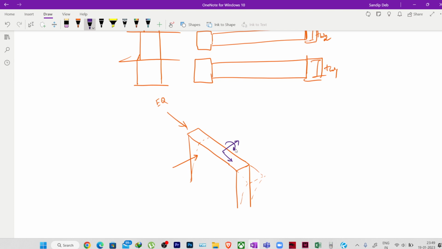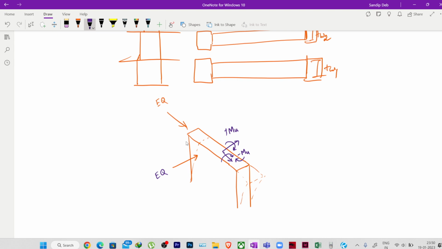So it will be plus Mu. And when we have forces from this direction, the moment will be like this, but as per the right hand thumb rule it should be opposite. So it is minus Mu.